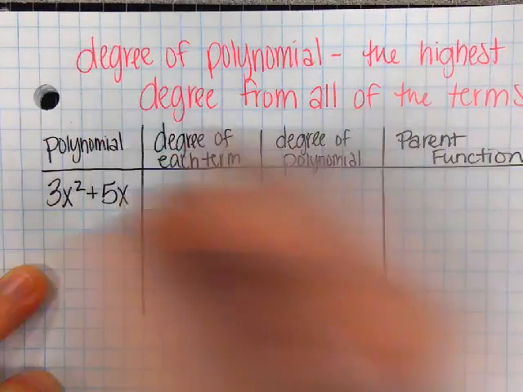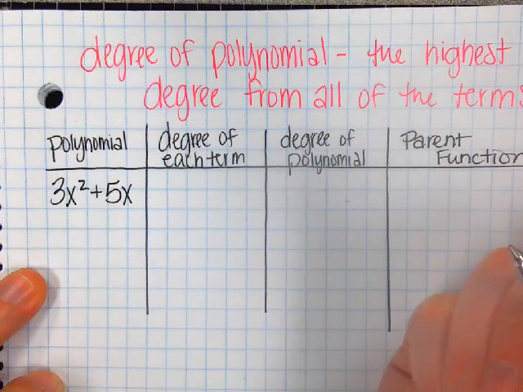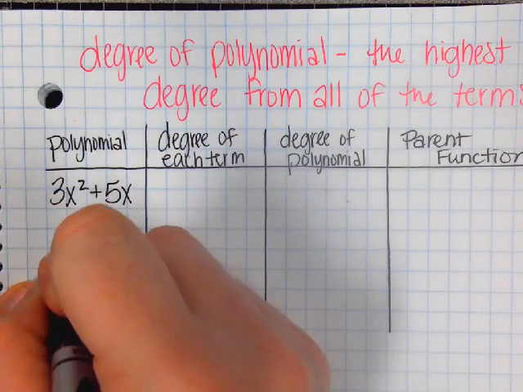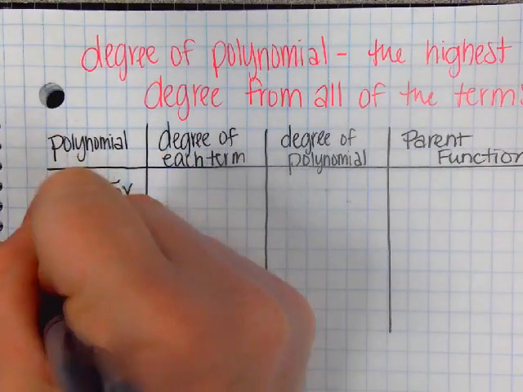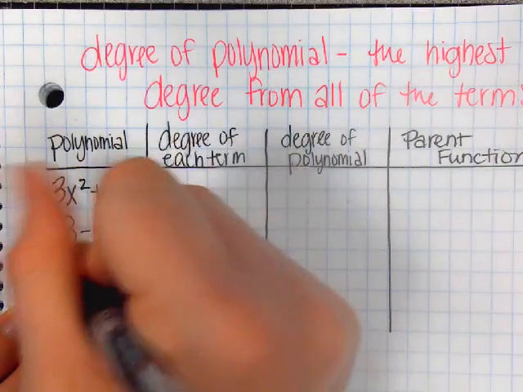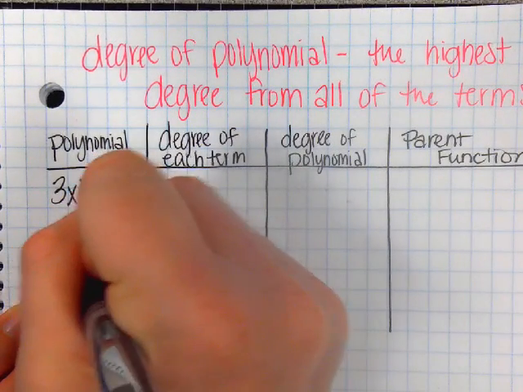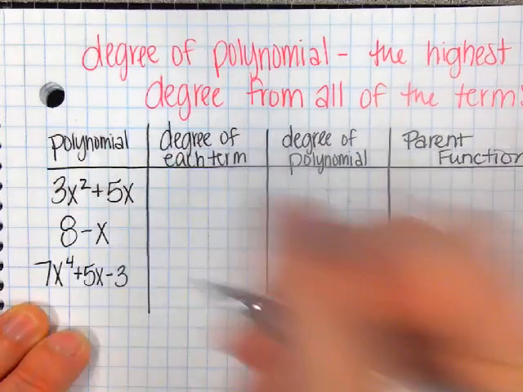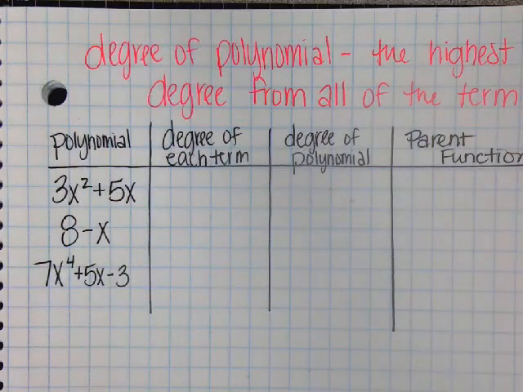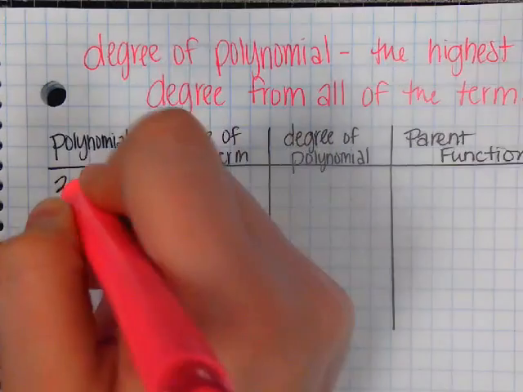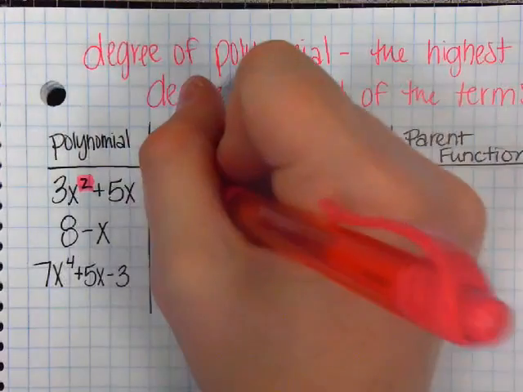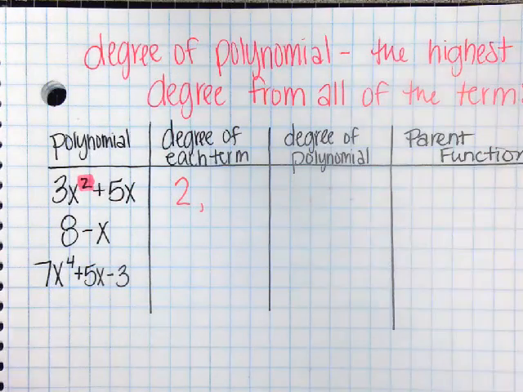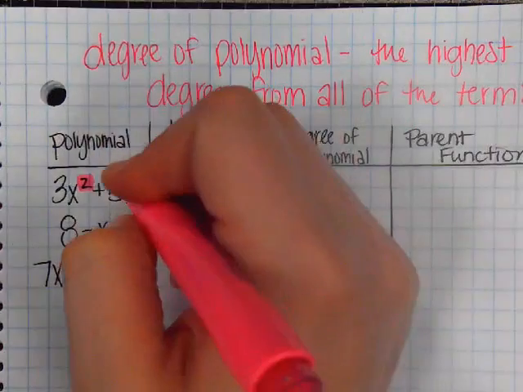Okay, so the first one, if I have 3x squared plus 5x, 8 minus x, and 7x to the 4th plus 5x minus 3. Okay, so if you look at that, this first one, the first term has a degree of 2.